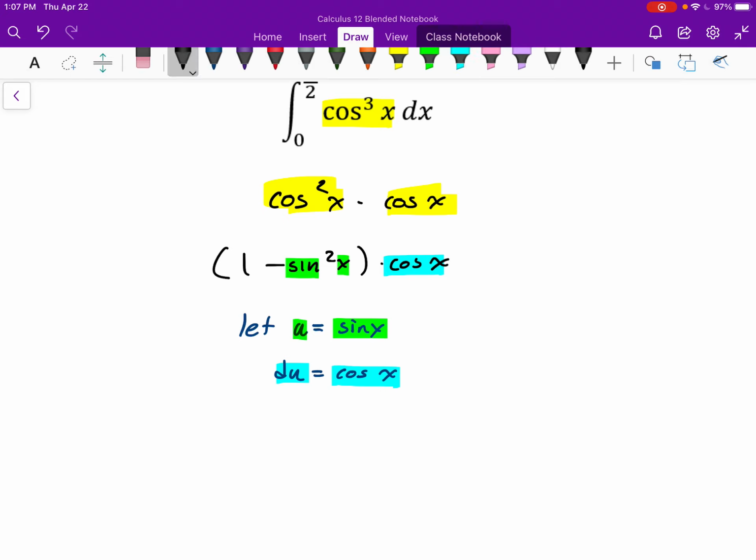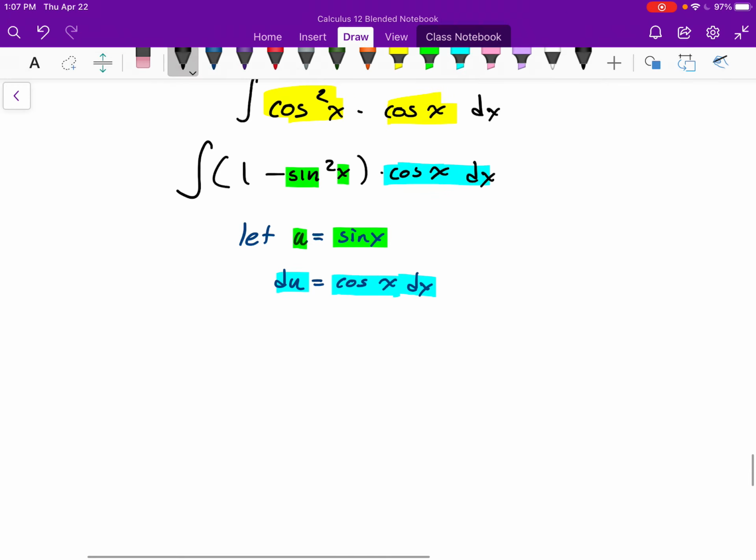Focusing on the indefinite integral right now, notice cos x dx, that's what I have down here. And so I can rewrite this quite nicely now as 1 minus u squared times du.